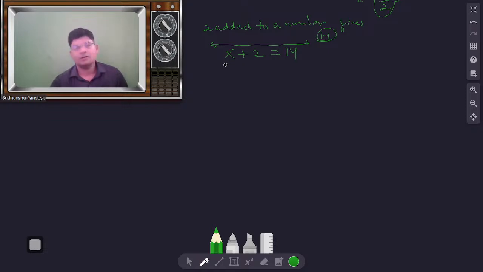Okay. So before transposing, understand the additive inverse of it. We will understand that this is a balance scale. I told you initially, I showed you as well. We have a left hand side and a right hand side. Considering that you have a pocket, a bag in which if you add 2, you are going to get 14 on the right hand side.